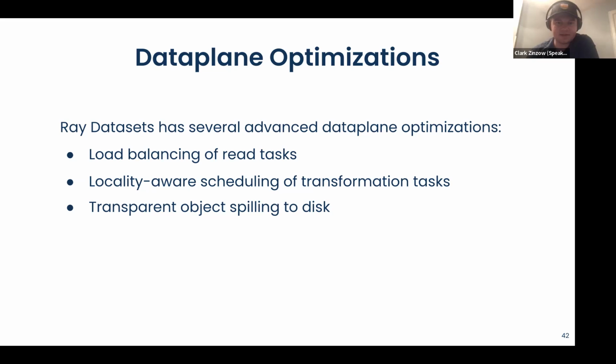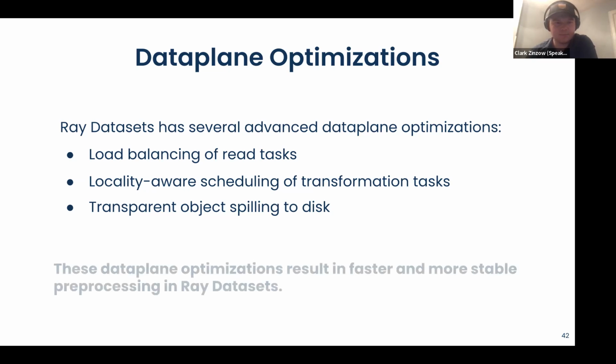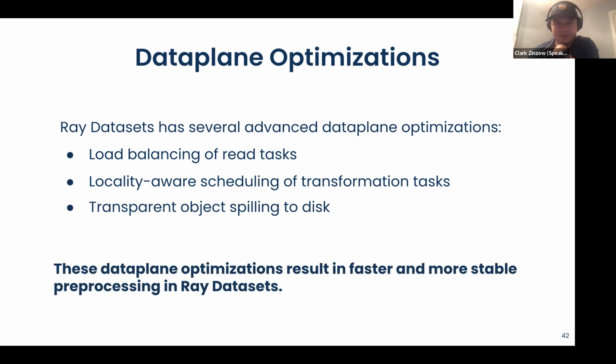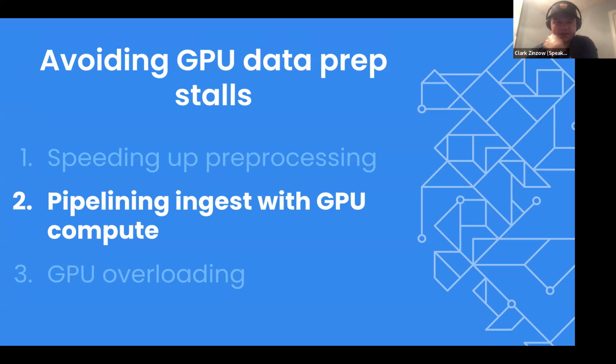So basically, disk is a backup storage medium for the distributed object store. It results in faster and more stable Ray Datasets, which is really nice. So next, this is the big one: pipelining ingest with GPU compute. How can we overlap ingest with training and inference?